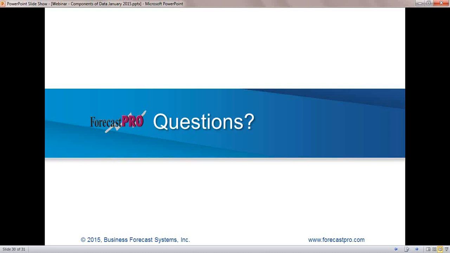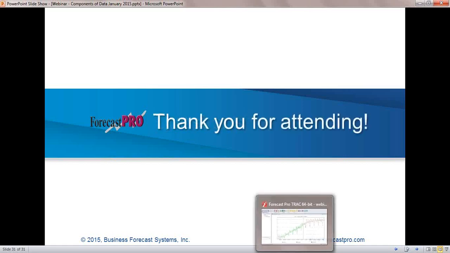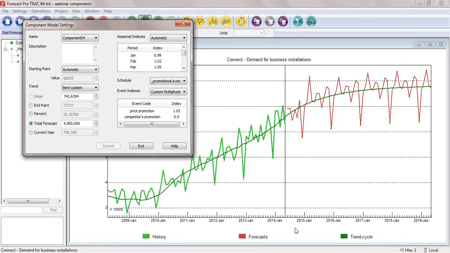Quick answer, yes, you could. We actually anticipate that one of the main uses of this will be when I don't have a lot of history. Okay, so new products. And I think the key there is when we think of this component model, let me go ahead and put the graph back here, what are the components?